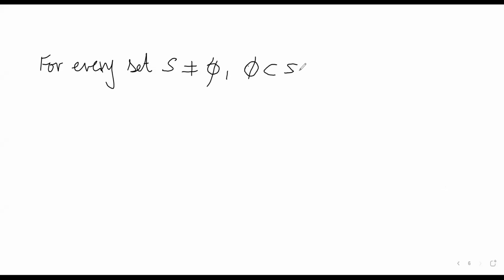So there's an element in S that is not the empty set.